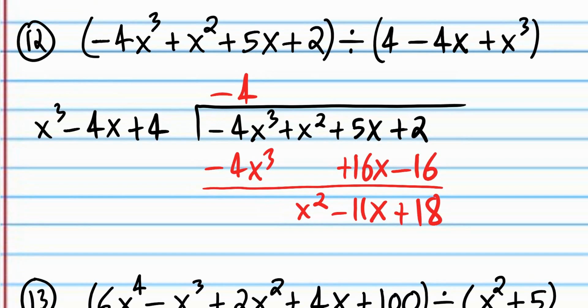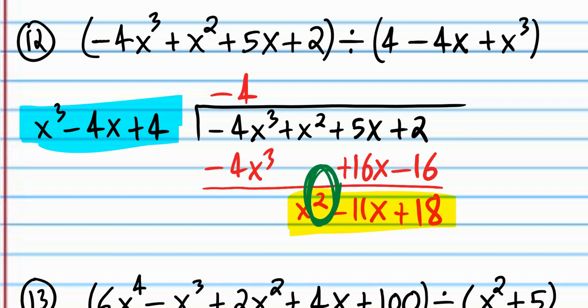I know that seems very weird, but the degree of the yellow remainder is 2. And the degree of the blue divisor is 3. So the degree down here is smaller than the degree up here, which means that we're done. We don't have to keep going.